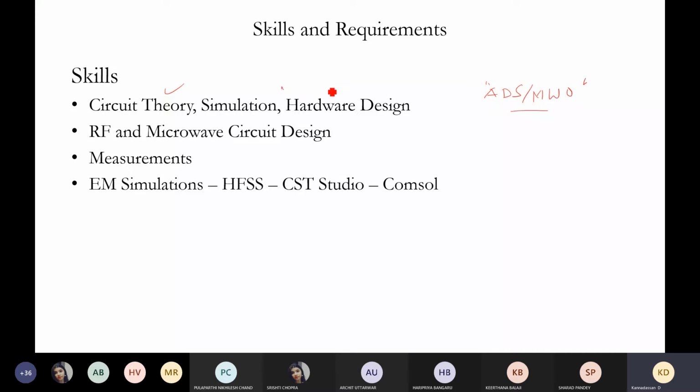And if you have good knowledge in hardware design, that is well and good. Then RF and microwave system design is a separate topic, so you should be good at that also. And you should be good at measurements. Since hardware design comes into the picture, measurements are very, very important. And likewise, EM tools are supposed to be learned, like HFSS and CST Studio.